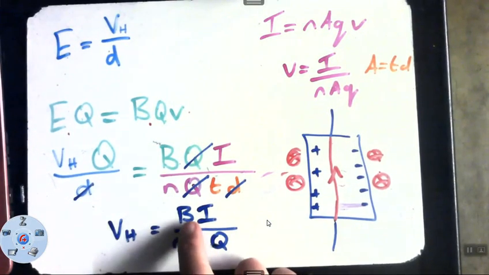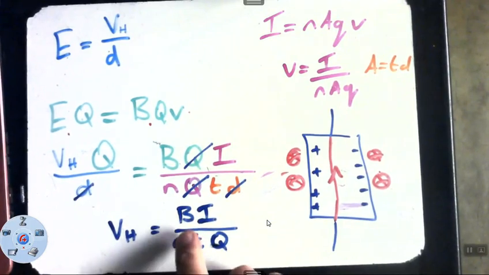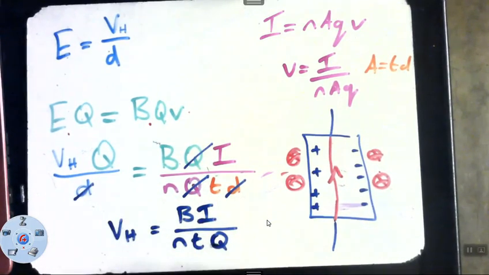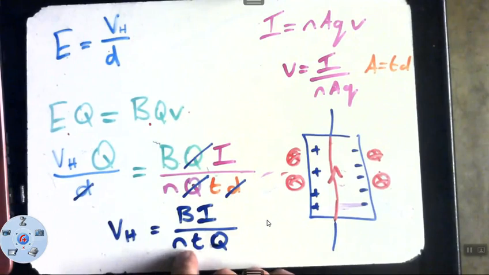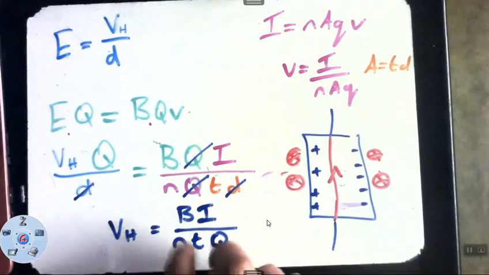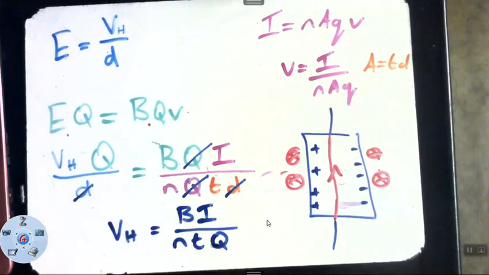And that's exactly how a Hall probe measures the magnetic field. It already knows which material it's made of and the thickness, because that's part of the probe, and that's electrons, so it just takes these two measurements and calculates the magnetic field strength.